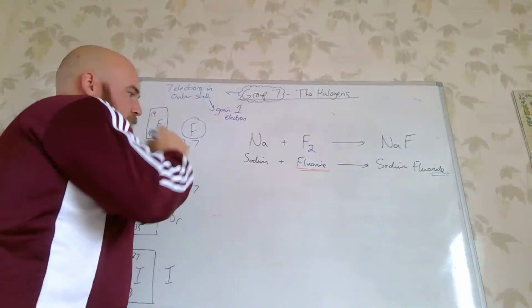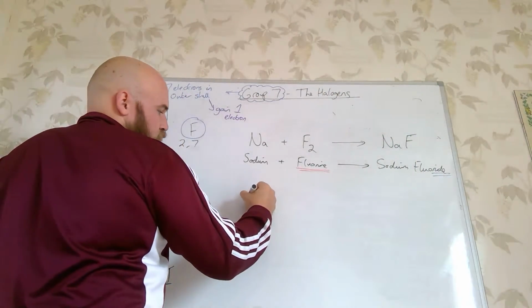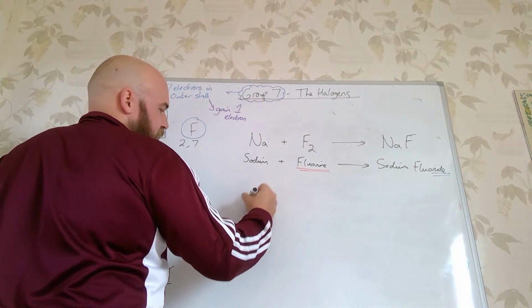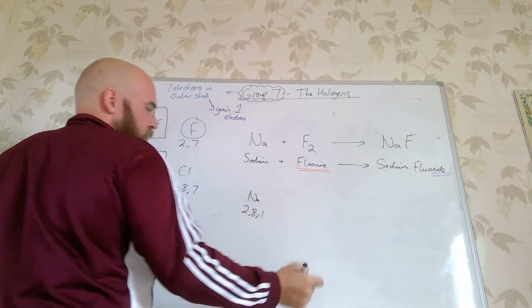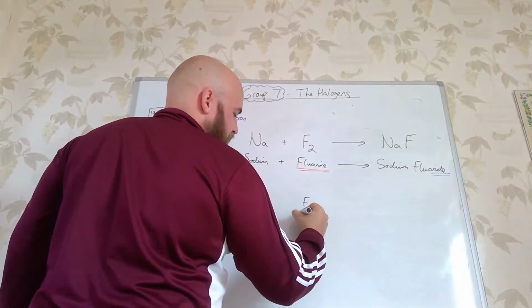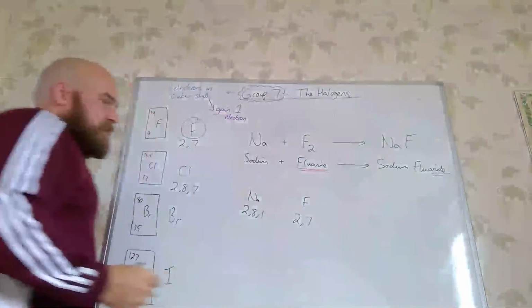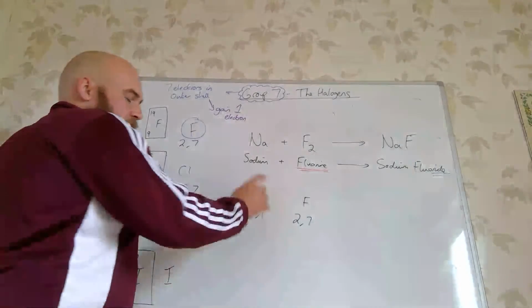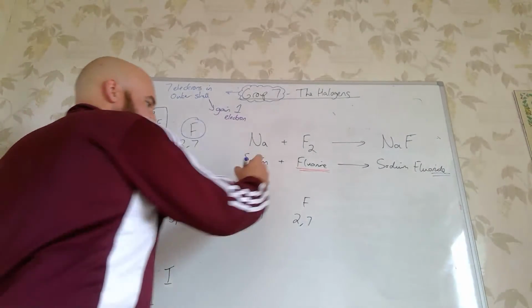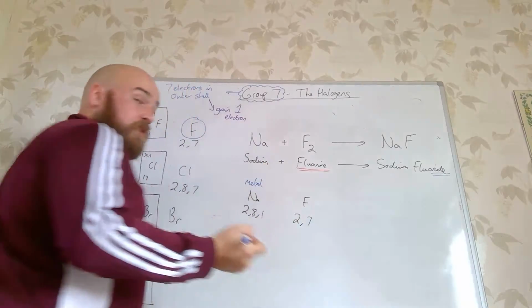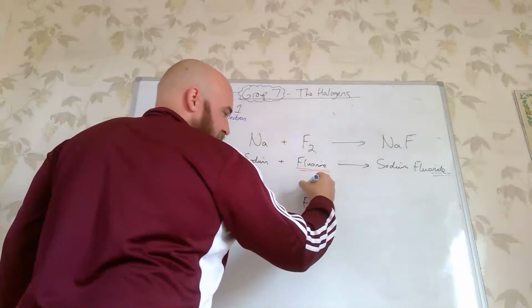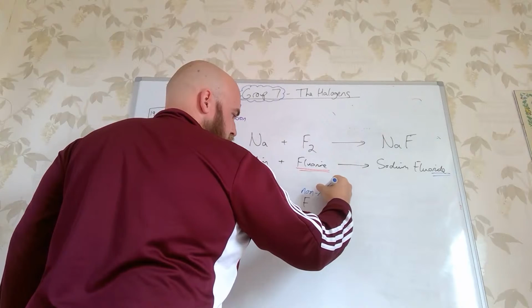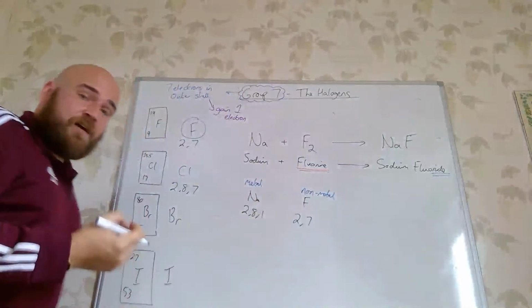Well, why is that? Well, sodium is in group 1. Okay, so sodium is 2,8,1. Fluorine is in group 7, which is 2,7. So just having a look in terms of what happens here. Remember, how will they bond? Well, this is a metal, so it wants to lose 1 electron. This is a non-metal, so it wants to gain 1 electron.